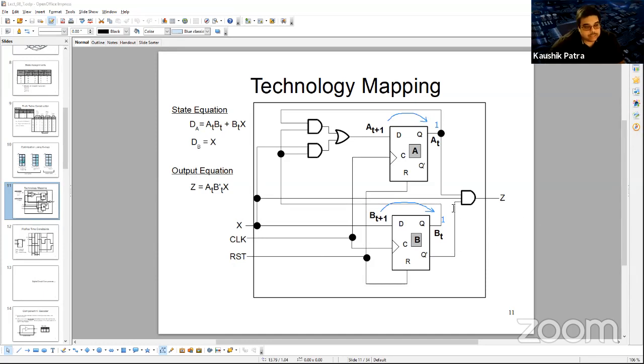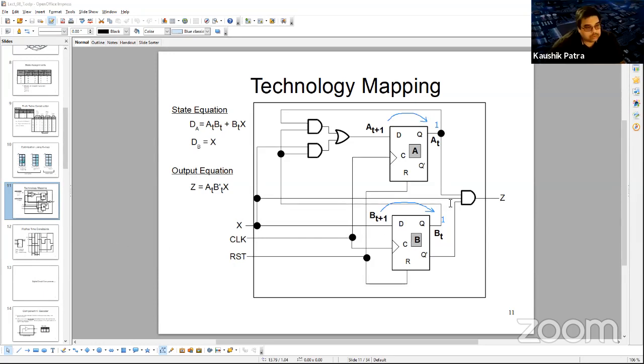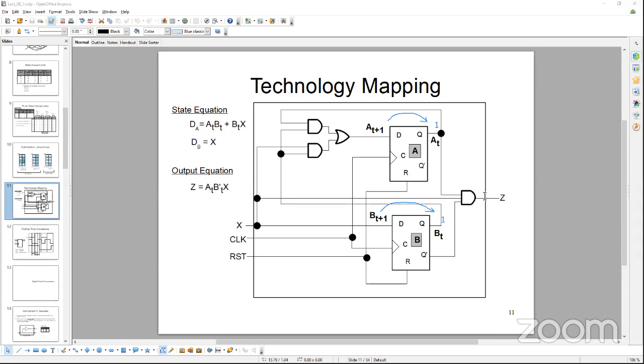Basically, Z should be read by the outside world a little after the clock edge, maybe by the next fall of the clock. Okay, so you're saying the 2 bits and the X create a Z, and only after those 2 bits change in the next clock cycle, then that Z is valid.